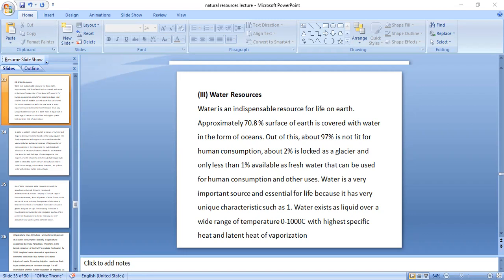So India records most of its rainfall in the monsoon season. Likewise, the people in the India, very less farmers or very less irrigation is dependent on the natural other resources.